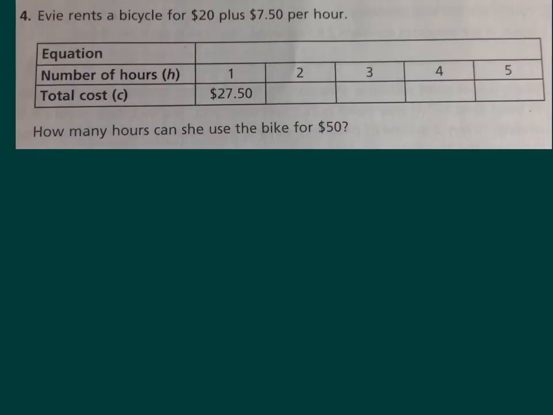For number 4, it says Evie rents a bicycle for $20 plus $7.50 per hour. So regardless of how long you go, you have to pay $20 plus $7.50 per hour, which means each hour you're paying that much. So you can either put a dot here and do it by H, or you can just do $7.50.